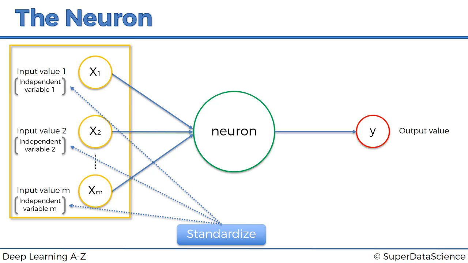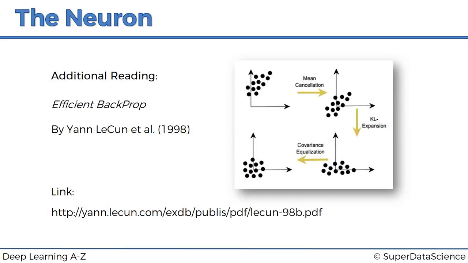And if you want to read more about standardization, normalization, and other things that you can do with your input variables, a good additional reading paper is called Efficient Backprop by Yann LeCun, 1998. The link's over there. We're actually going to talk more about Yann LeCun, this phenomenal person in the space of deep learning, in the part of the course where we're talking about convolutional neural networks, and you'll see that this is definitely a person who knows what he's talking about.